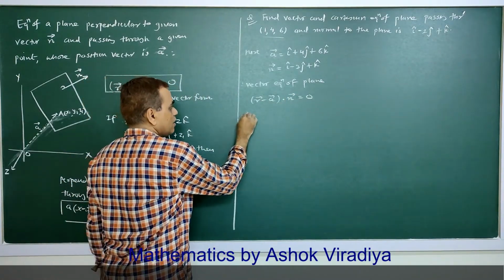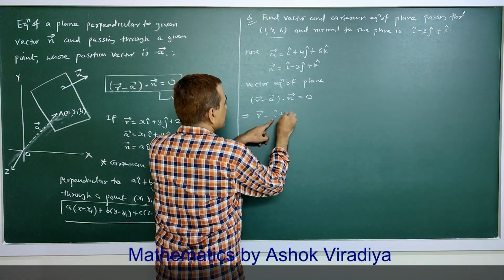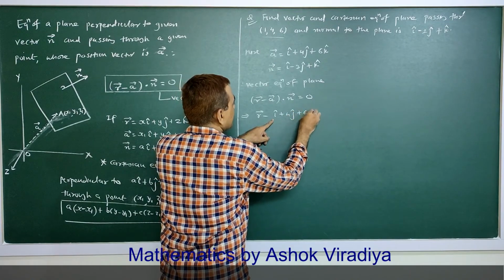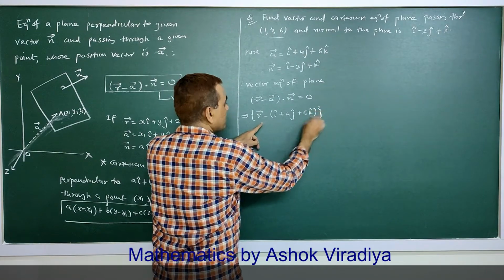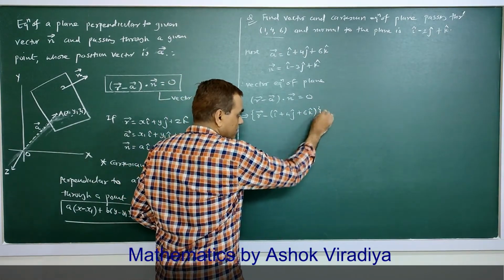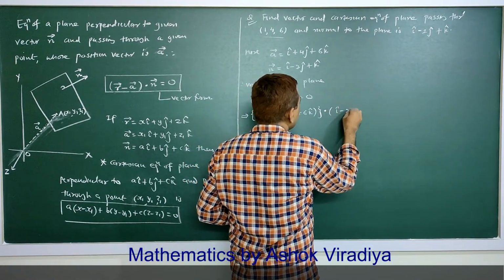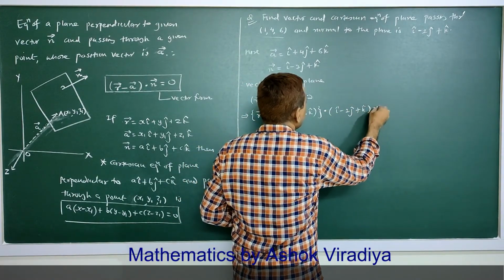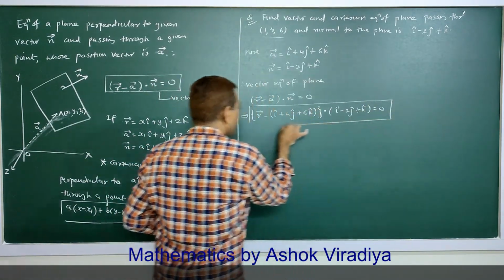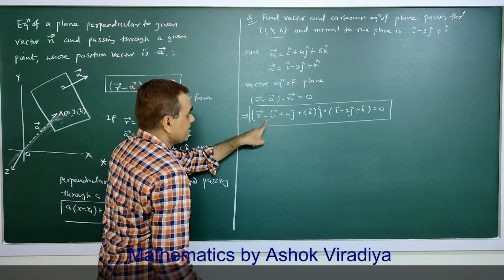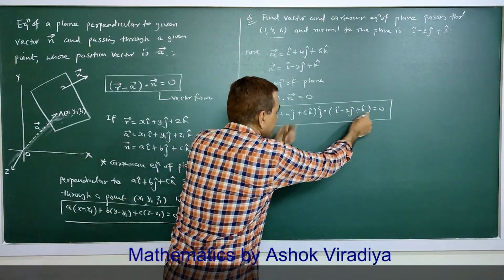That is, vector r minus (i plus 4j plus 6k), close bracket, dot vector n, which is i minus 2j plus k, equal to 0. This is vector form.